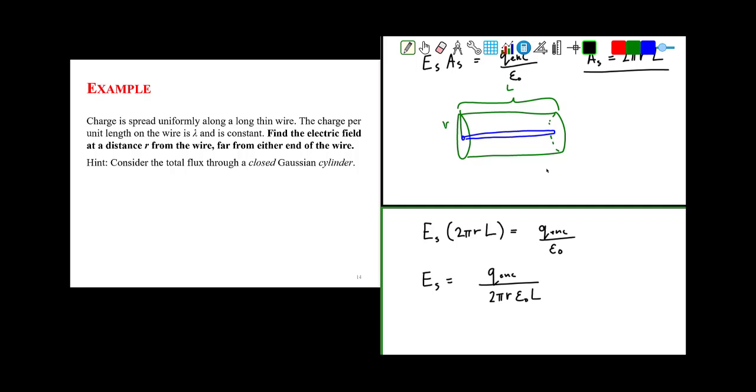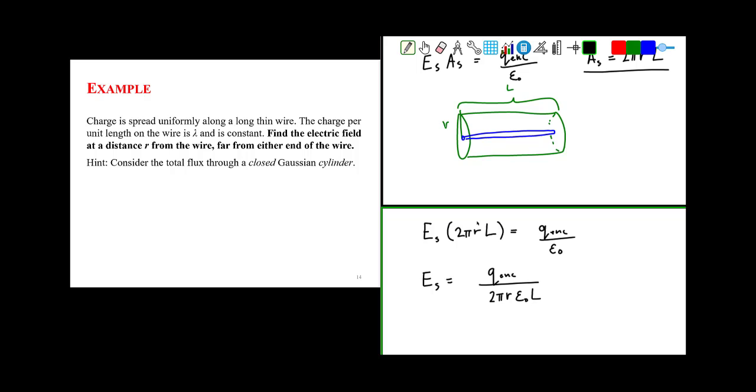Well, we are really close to having an expression for the electric field at a distance r away from the charge. There's our r in our answer, but there's two things we don't know. We don't know how much charge is enclosed, and we just picked an arbitrary length for the cylinder. We don't know the length of the cylinder. We don't know how much charge we're enclosing.